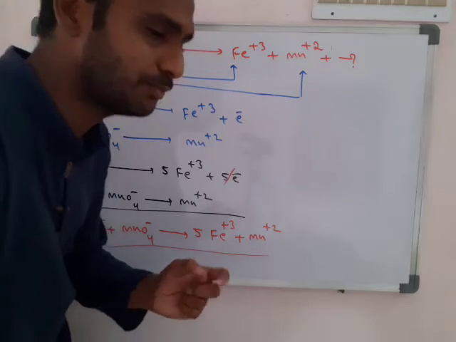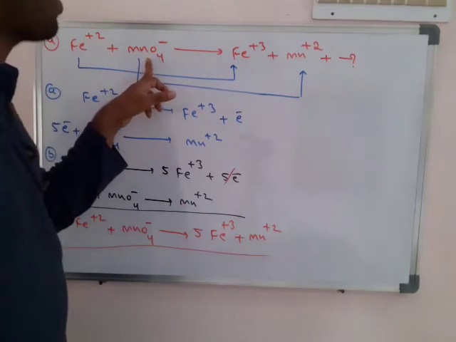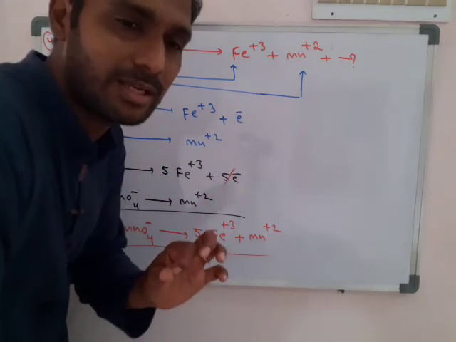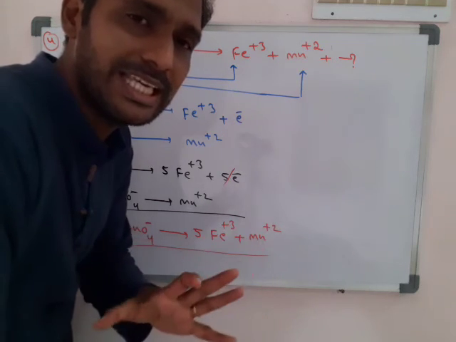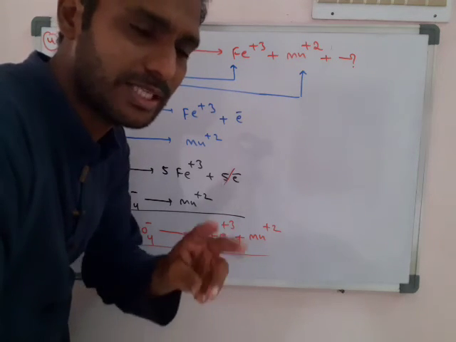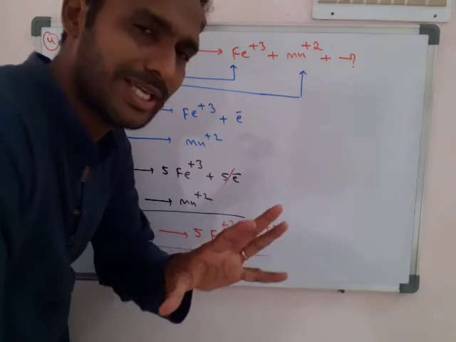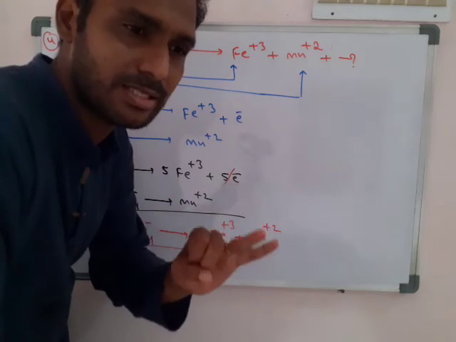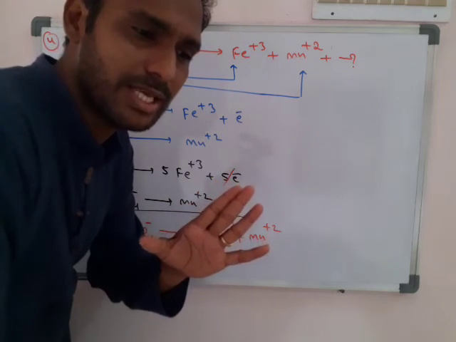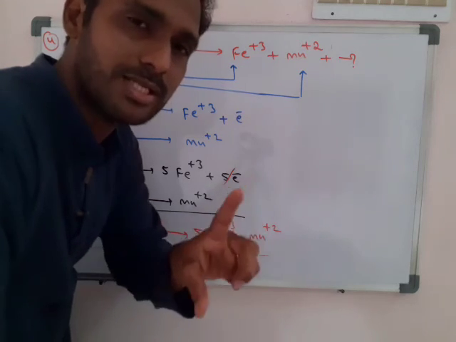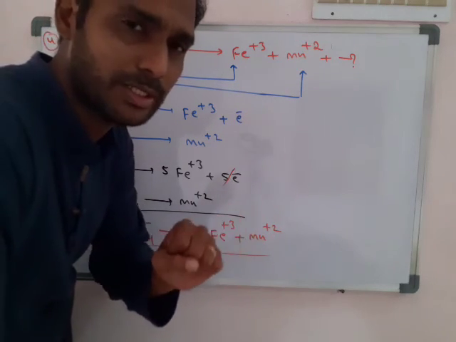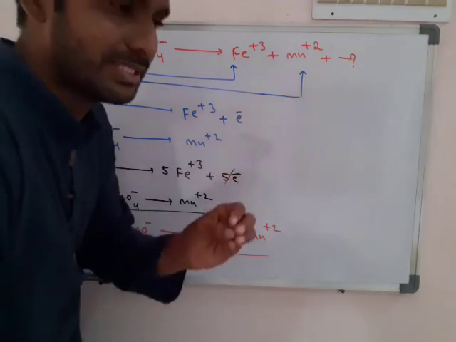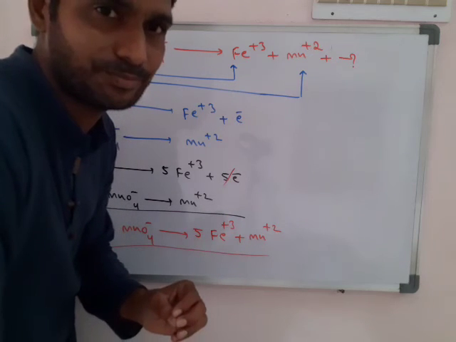We know the change of MnO4 minus to Mn plus 2. In the topic of equivalent weight calculation, under normality calculation, we calculate equivalent weights separately for acids, bases, salts, and oxidizing and reducing agents. For the oxidizing agent potassium permanganate, in acidic medium it changes to Mn plus 2, so gaining of 5 electrons takes place.